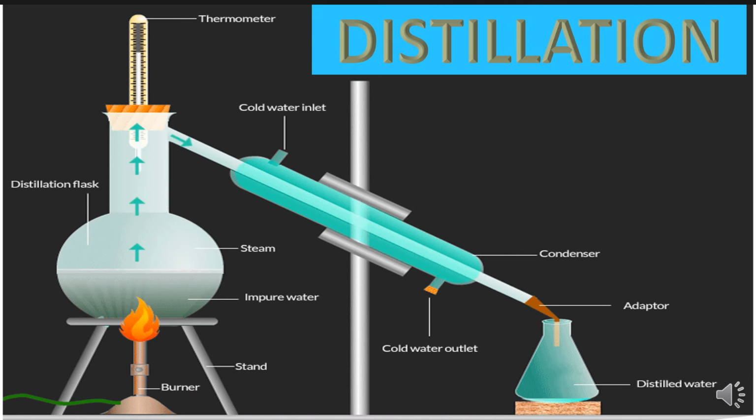You can see here, this is a round bottom flask known as a distillation flask, in which the mixture is taken and it is closed with a cork, with a thermometer fixed within.